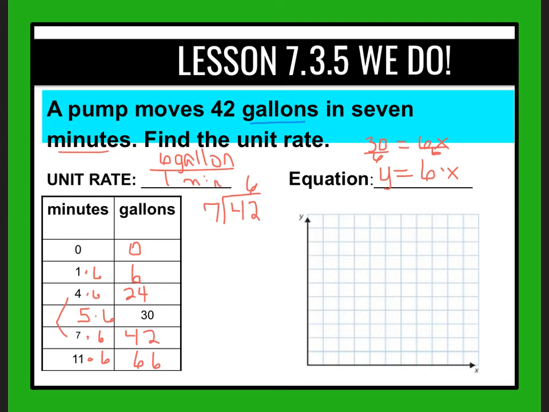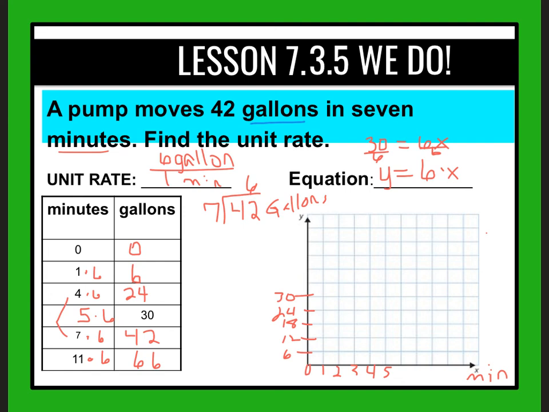All right, I can go ahead and graph this as well. If I'm looking at the number of minutes, and I know that my gallons is increasing by 6, here's my minutes, and here is my gallons. I'm going to choose intervals of 6. Here we go.